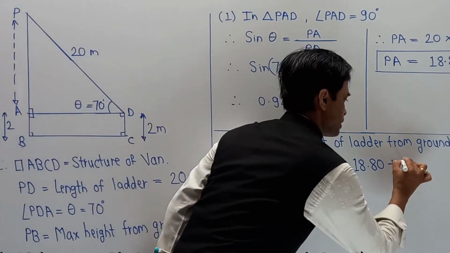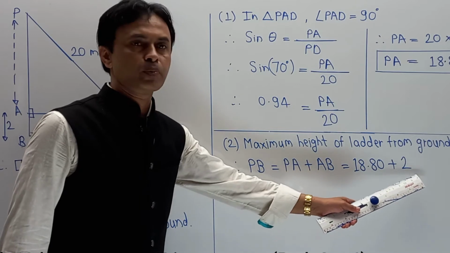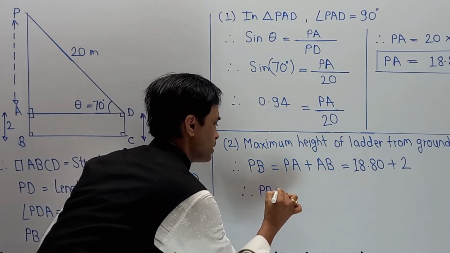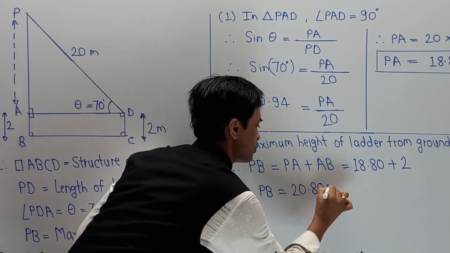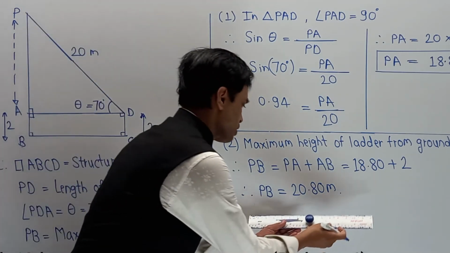So that is the 2 meter. Simply we have to make the addition, 18.80 plus 2, and that value becomes PB is equal to 20.80 meter, and that is your final answer. So I'm going to make a box over here.